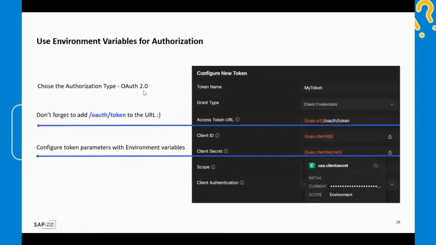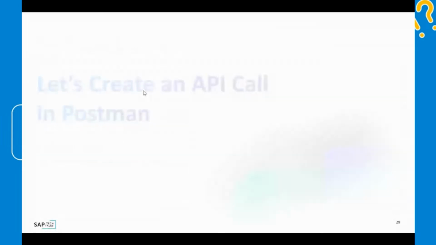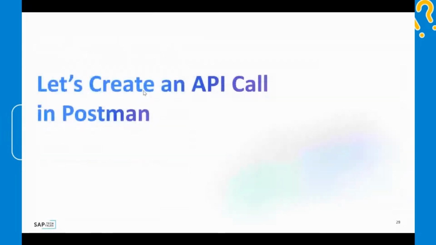You need to fill in these lines only once, and then you can duplicate tabs, and these fields will be filled for your future APIs. We fill in these variables, we get token, and we're ready to start. And yes, let's create an API call in Postman.